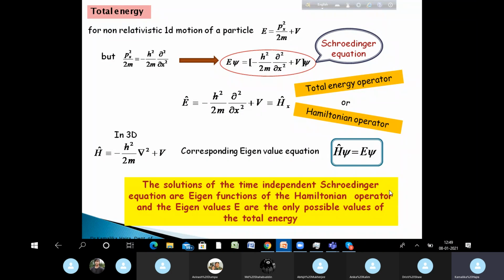And since this is an eigenvalue equation, these values of energy E are the only possible values of total energy that the particle or the system can have. It cannot have any other value of energy which will not satisfy this eigenvalue equation. Okay, so this is a very, very important and comprehensive statement that we are making here about the total energy and the Hamiltonian operator.